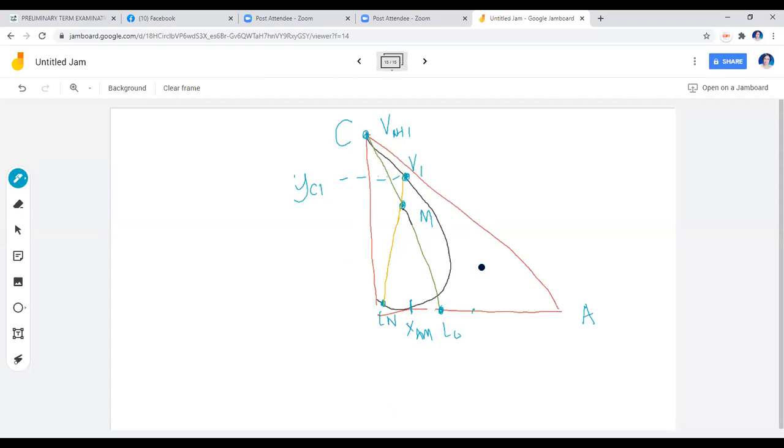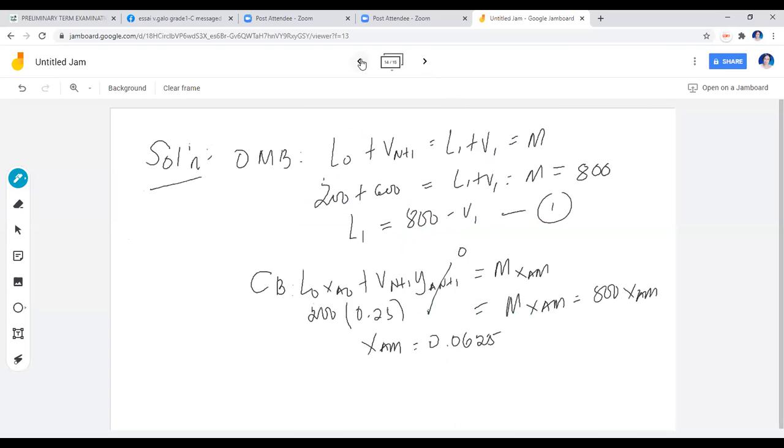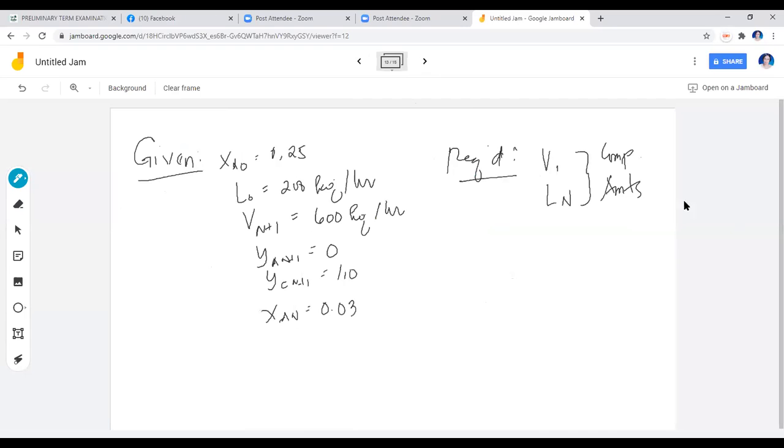This is C, right? And below, you go down, and you can read here YA1. If you know YA1 and YC1, then you have already determined the composition here for V1.